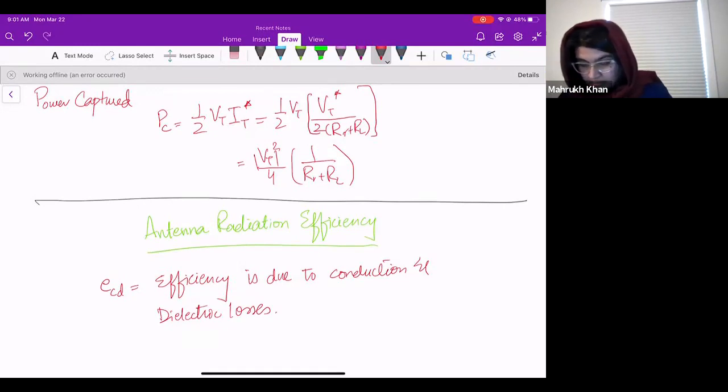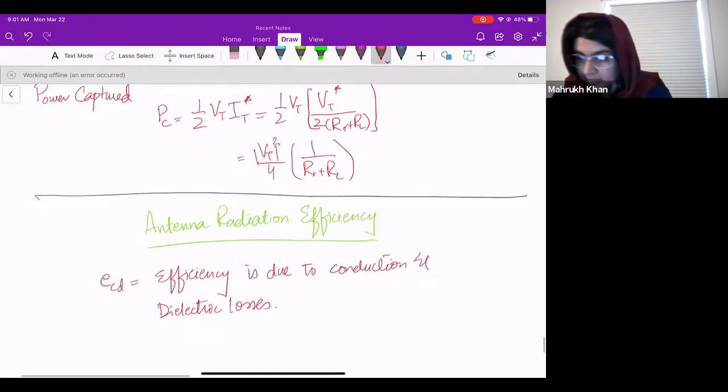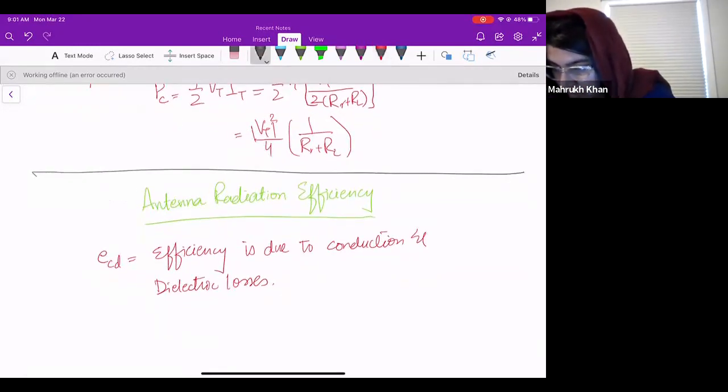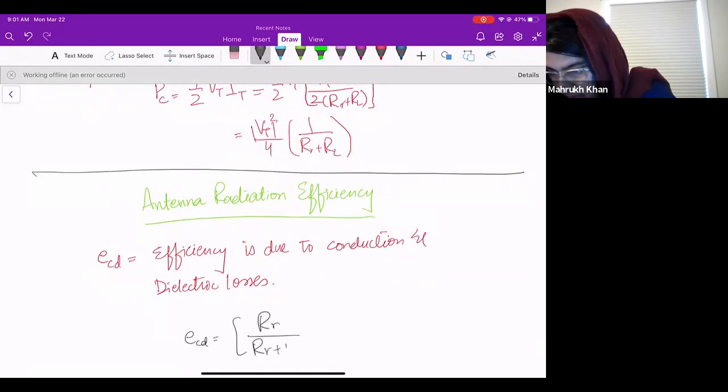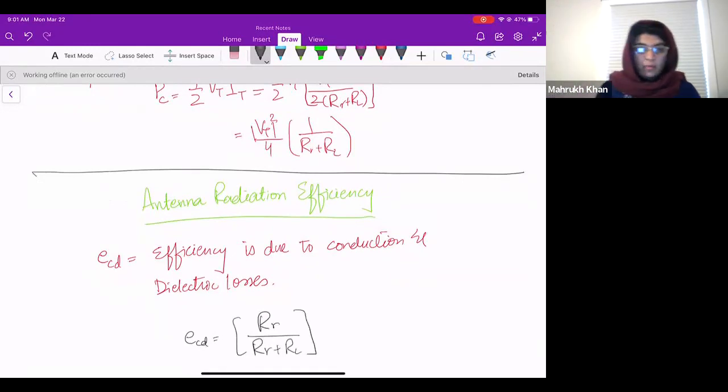So another expression we can make out of it is that ECD is equal to RR over RR plus RL. It means that whatever is lost in the loss resistance plus radiation resistance will be in the denominator, multiplied by the radiation resistance.